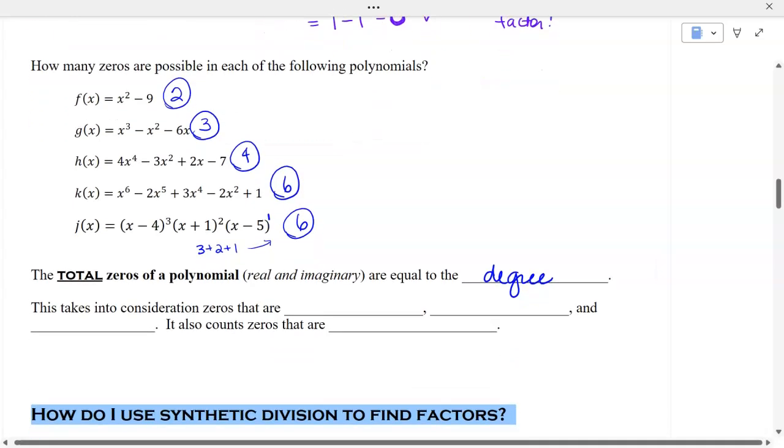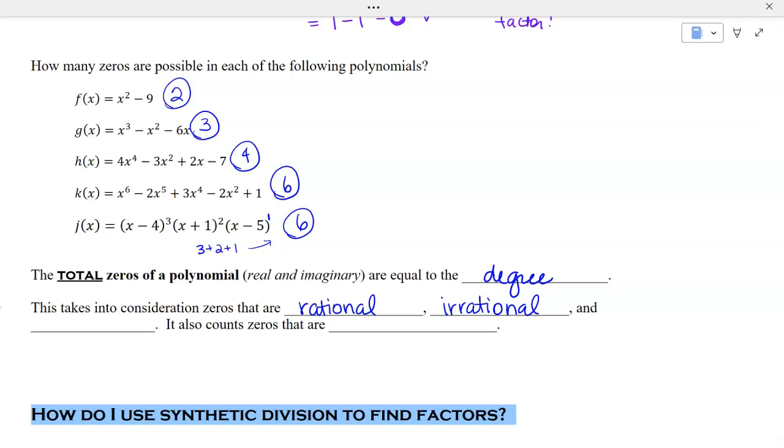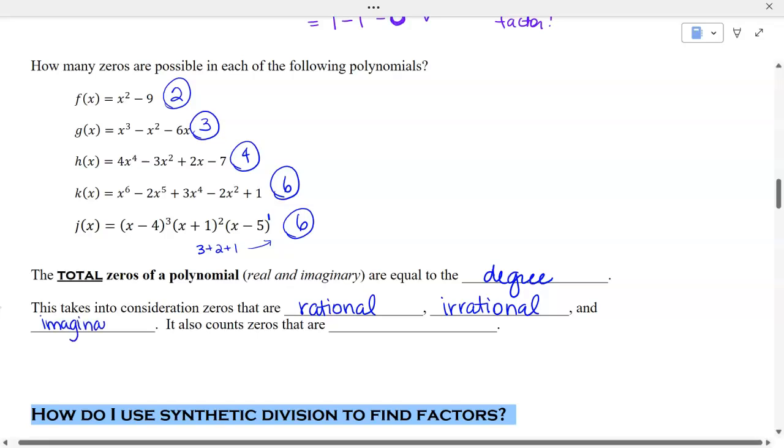And this takes into consideration any zeros that are going to be rational, which is what we've dealt with so far. You also could have irrational zeros like square roots, and you also could have imaginary zeros as well.